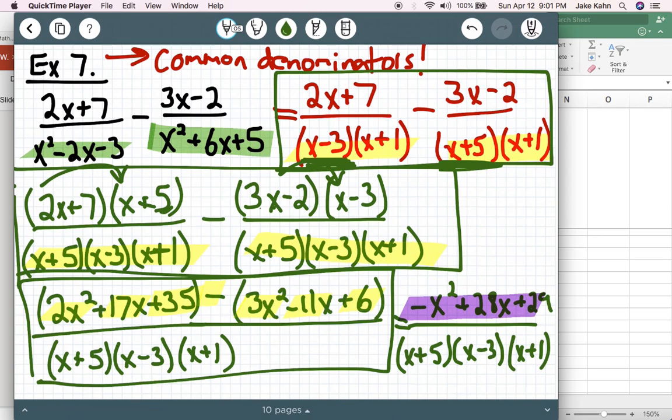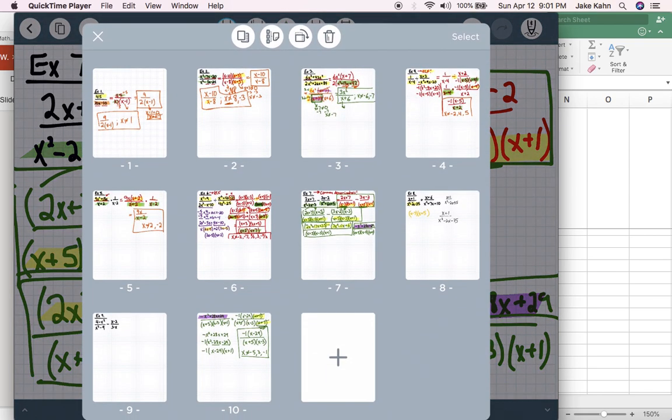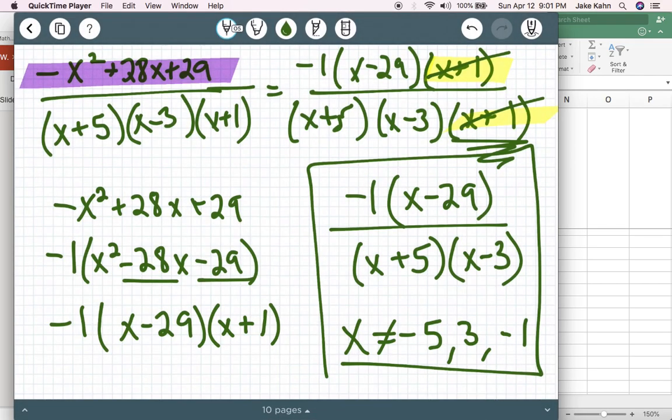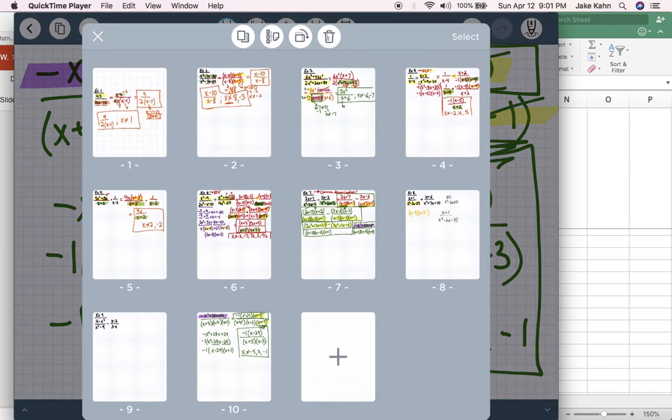Combine like terms with the subtraction, and then we actually took this and we factored it again to give us this right here. Final step was simplifying, canceling out terms that appear on top and bottom, and stating the restriction on our domain. Thanks for sticking with me through that one, y'all. Let's keep on going.